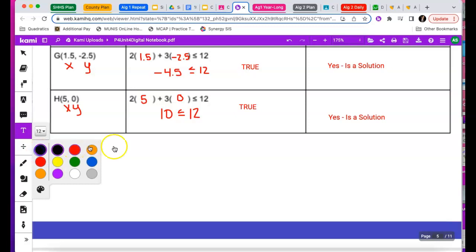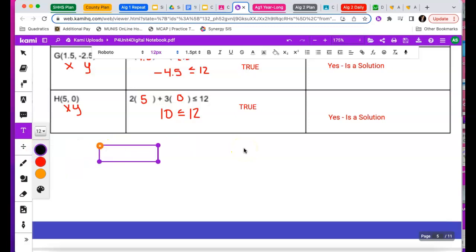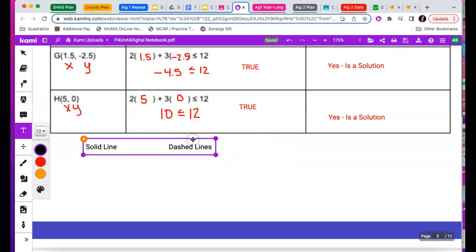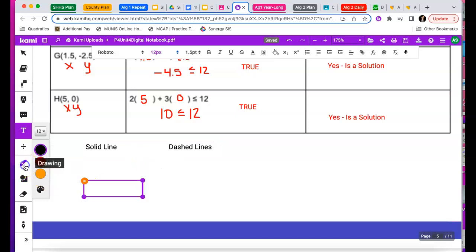So if a point is on the solid line, so we have two different lines, solid lines and dashed lines. So if our point is on a solid line, then it is a solution.